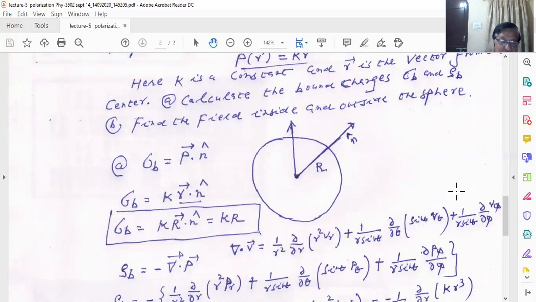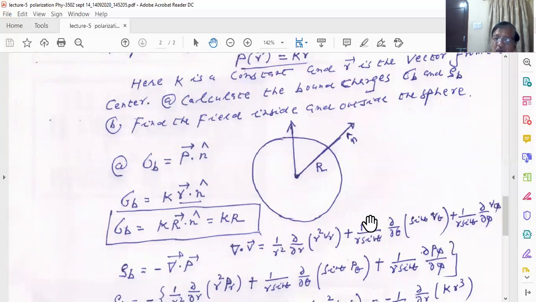If you calculate the divergence of a vector function F in a Cartesian coordinate system, it has three components Fx, Fy, Fz, and at a given point x, y, z the divergence of F is equal to del Fx by del x plus del Fy by del y plus del Fz by del z, where Fx, Fy, Fz are the x, y, and z components of vector F.